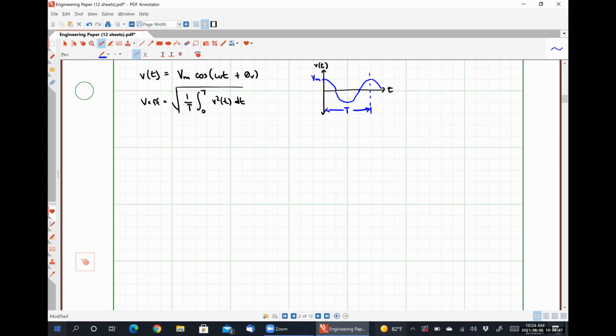Does anybody remember what relationship we have to omega here? Omega would be equal to 2 pi over your period. All right, so that means the period is simply 2 pi over omega, right?